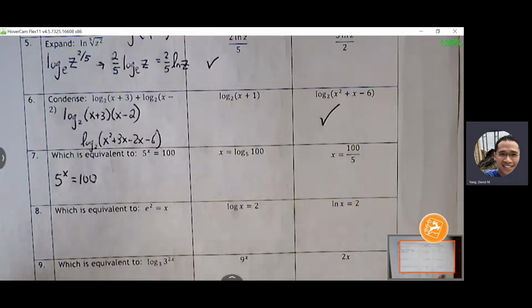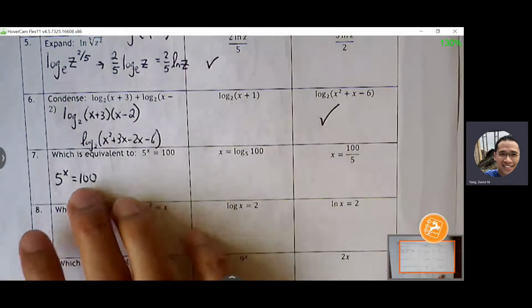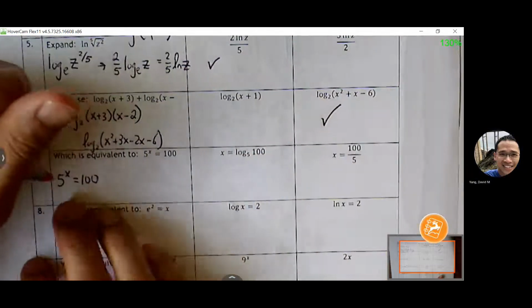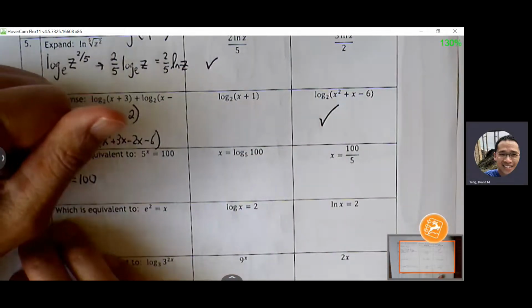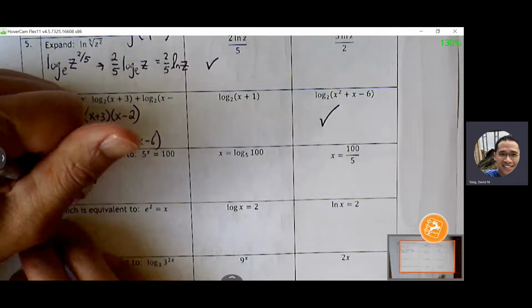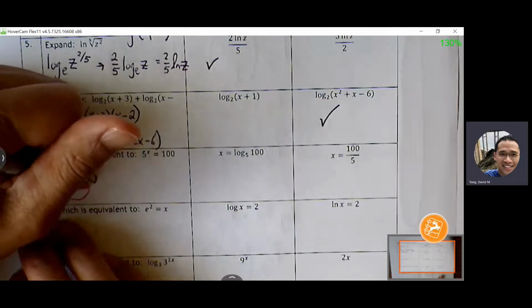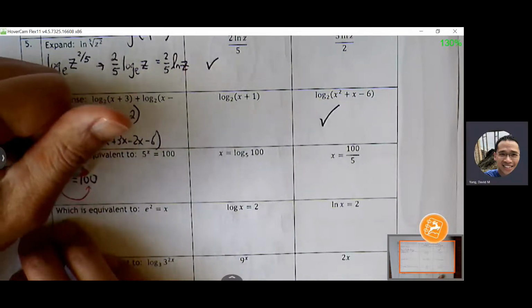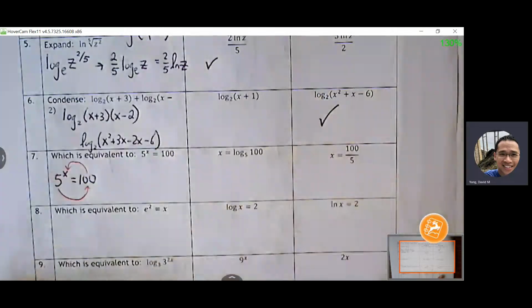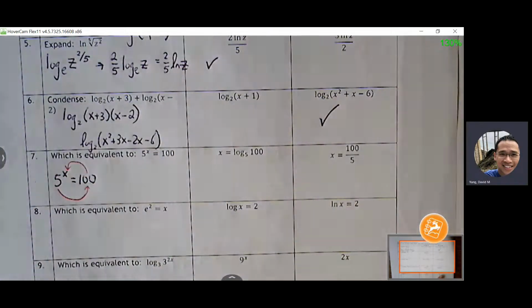Number 7, we talked about how we can rewrite exponential form as log form. In log form, we can write it as log base 5 of 100 is equal to x. Go around in a circle and pick up values along the way.